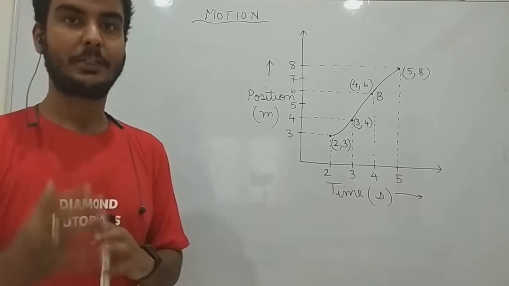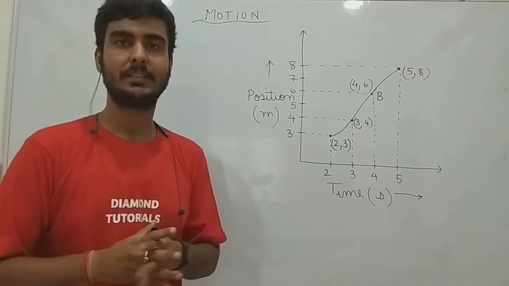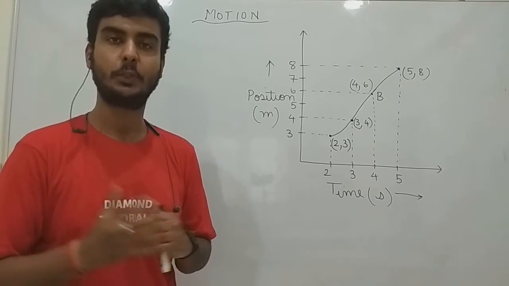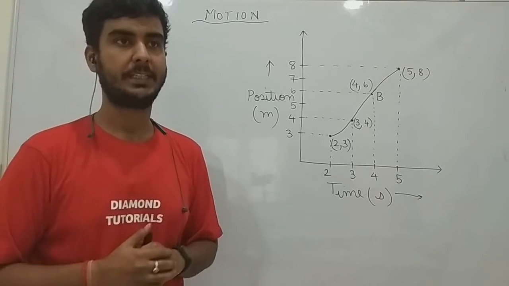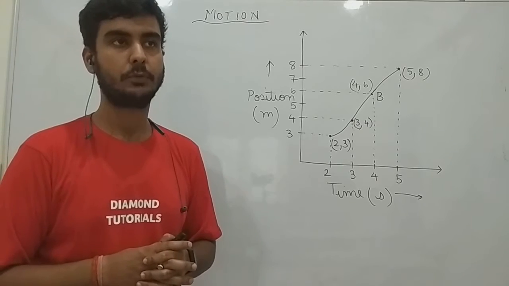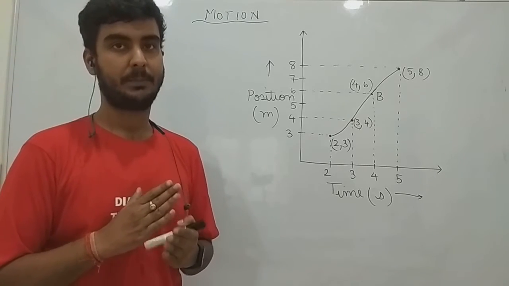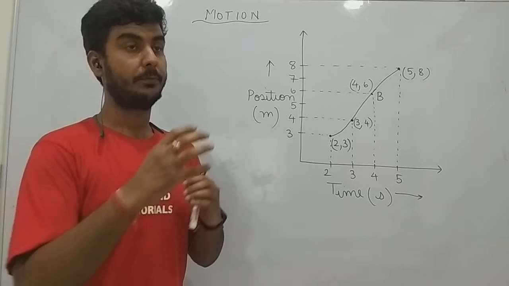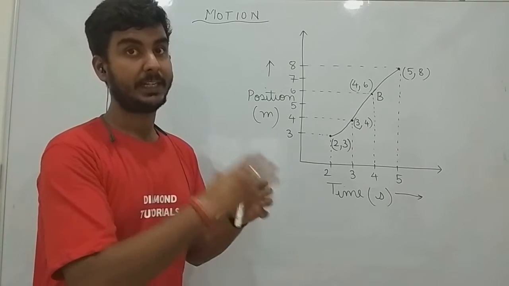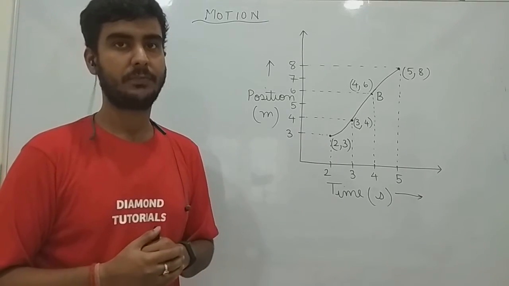In the last class, we were talking about velocity and we were discussing how to find velocity between 2 points on a position time graph. Basically, what is a position time graph? A position time graph represents the position of an object at various instants of time.